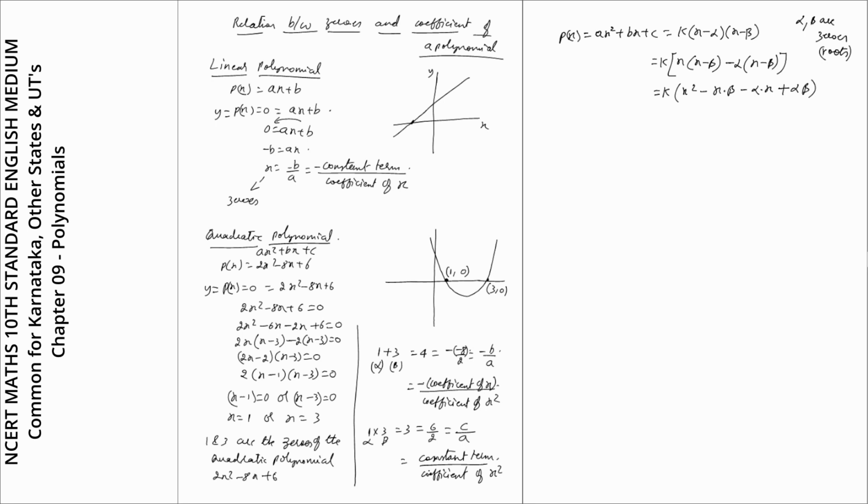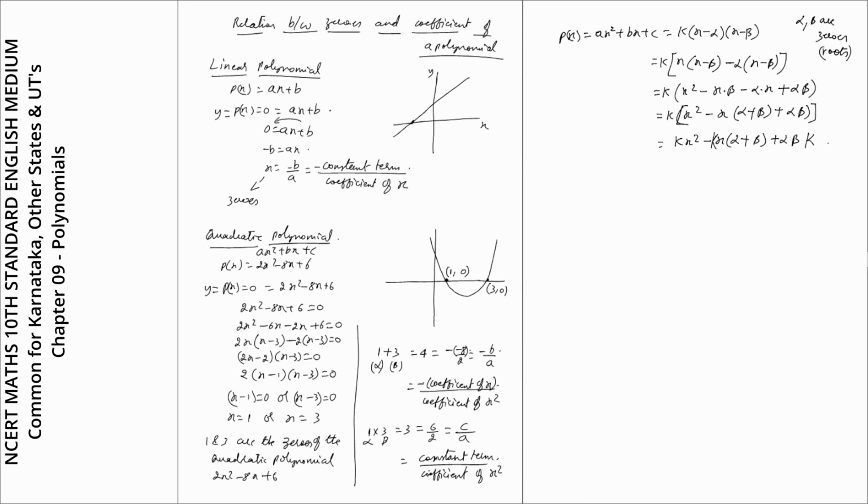So this is equal to k into x square; minus x I will take common, I get alpha plus beta, plus alpha beta. Opening the bracket, kx square minus kx into alpha plus beta, plus alpha beta into k.